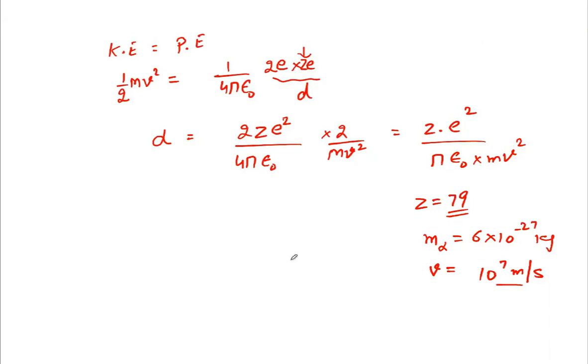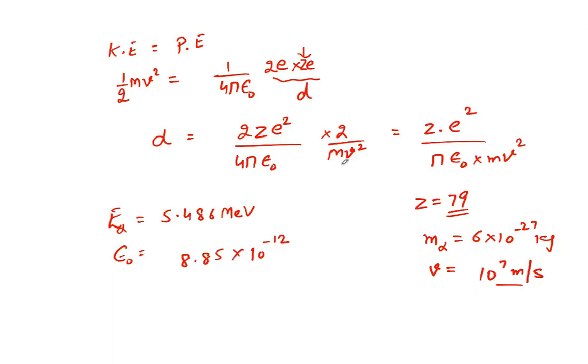Putting these values, he found the kinetic energy of the alpha particle comes out to be 5.486. And epsilon naught, the permittivity, is 8.85 into 10 to the power minus 12.